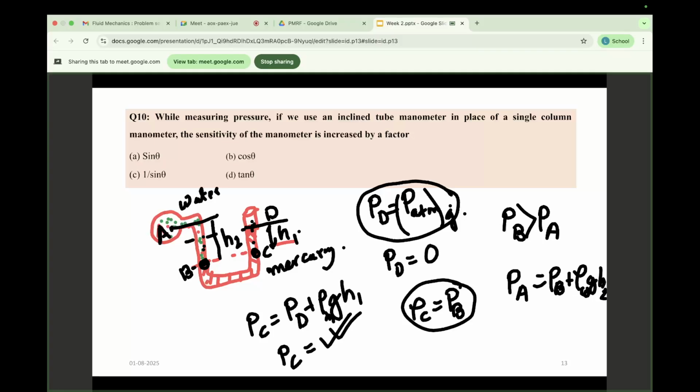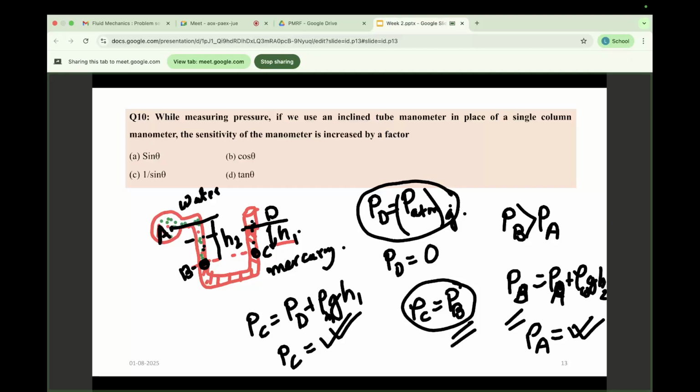So you know H2, you know rho, you know g. Sorry, just a mistake, this one is B and this one is A. So pressure at B equal to P of A plus rho water g H2. So you know pressure at B. So pressure at B you can put. So what you will get? You will get pressure at A.